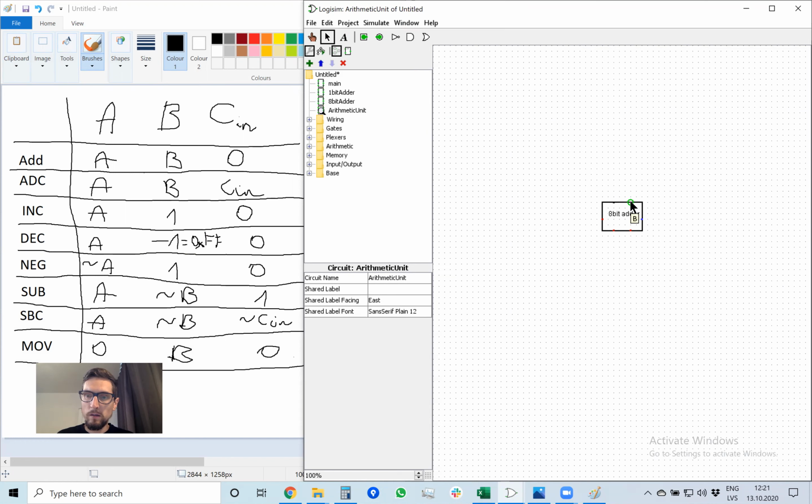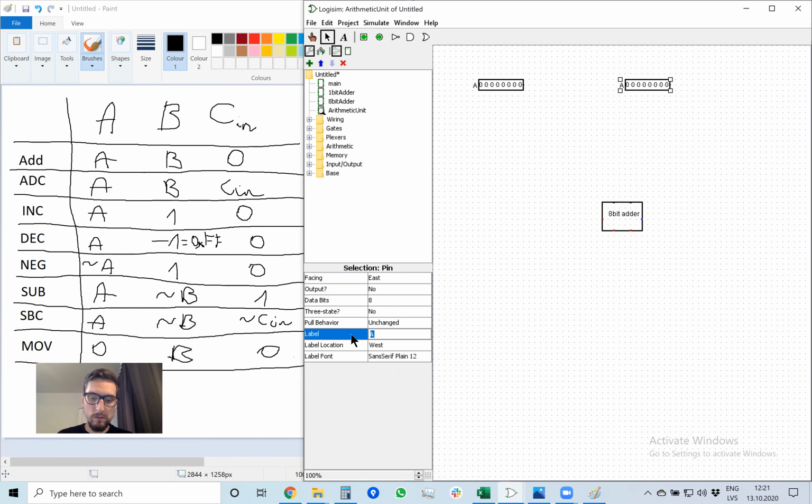It accepts A, B, and carry in. So let's put these inputs A, which is 8 bits, B, which is also 8 bits, and let's make them face south so that the output is down. This is A, this is B, and we also need to add carry in. And it will be facing down, so south.